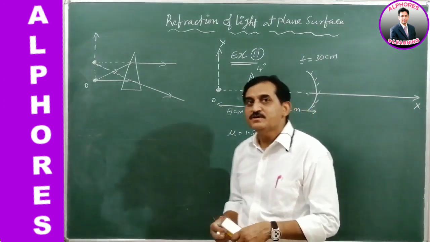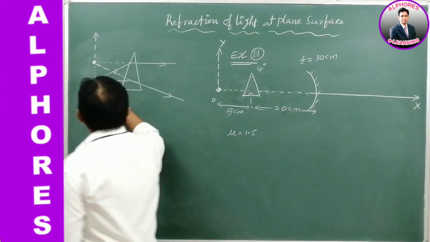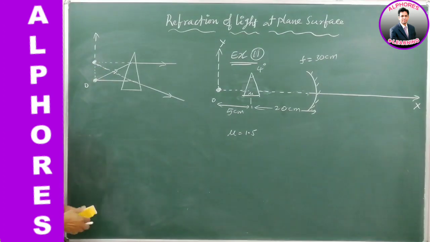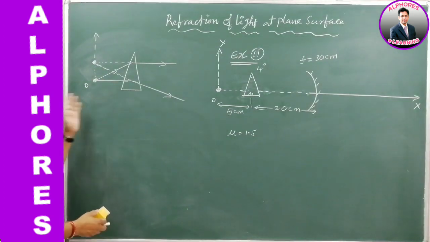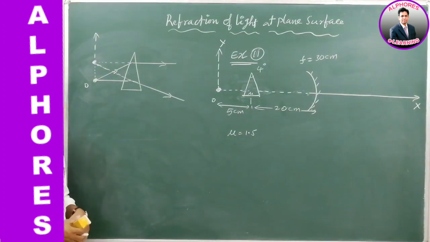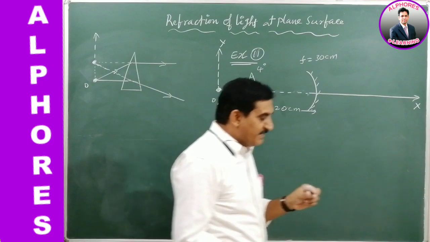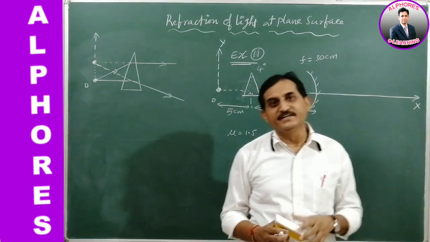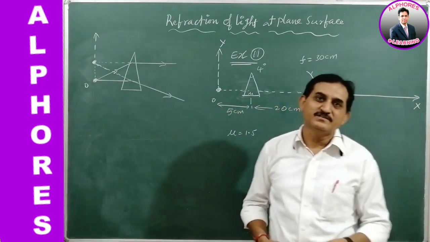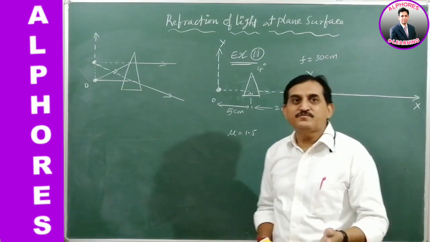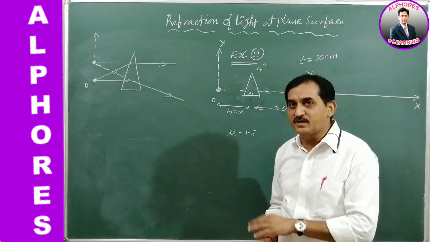Now in this case, why does it give a vertical shift of the image? Why doesn't it shift forward or backward when the refraction takes place? Here the prism's apex angle is very small, 4 degree. In such a case, there is no question of shifting of the image forward or backward.